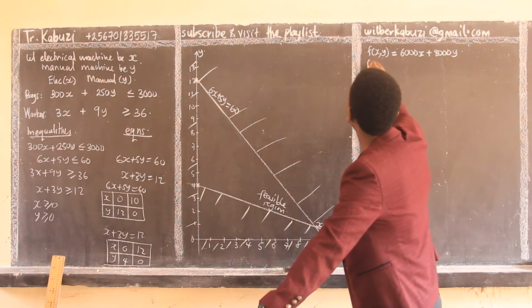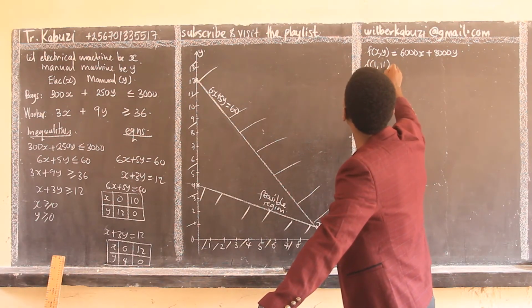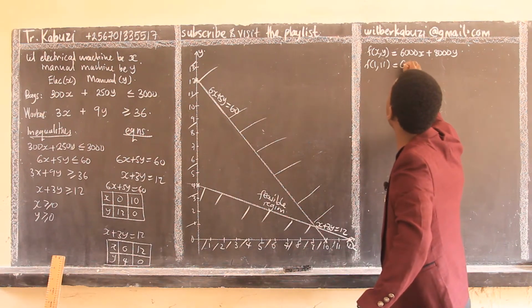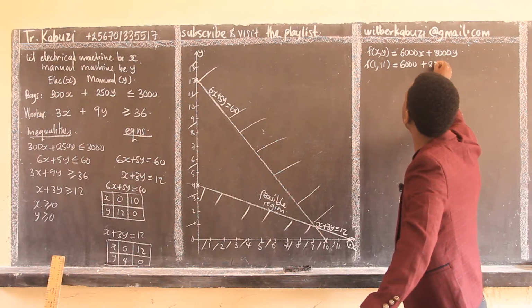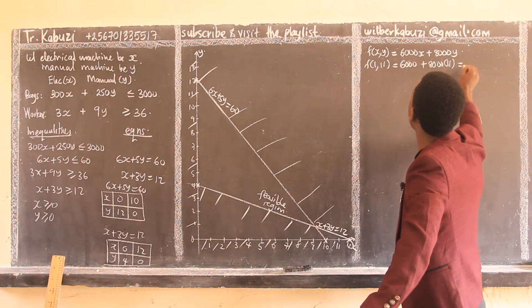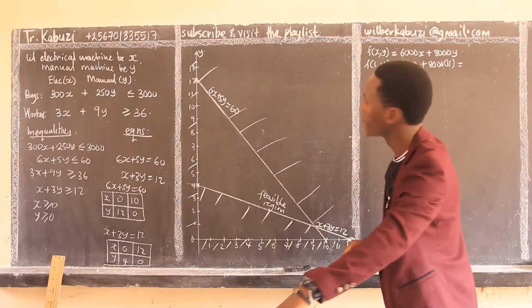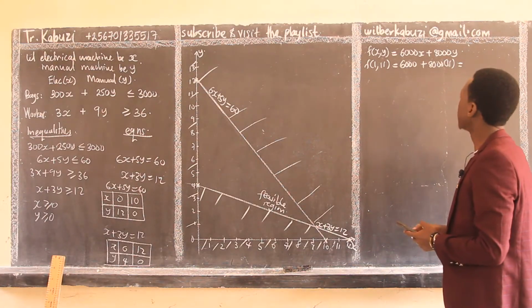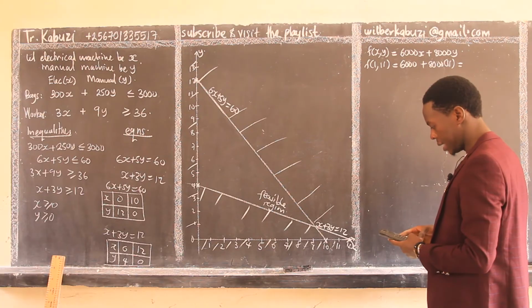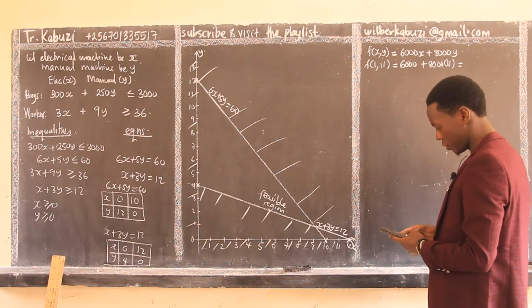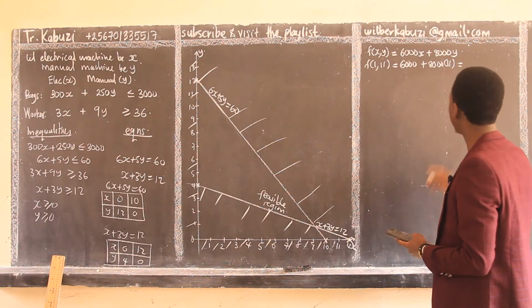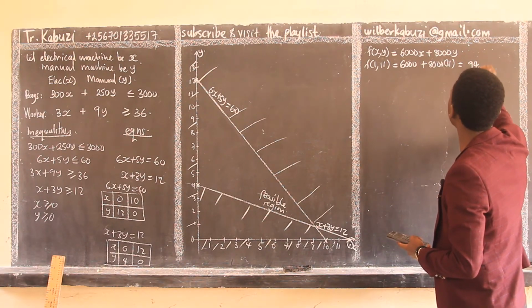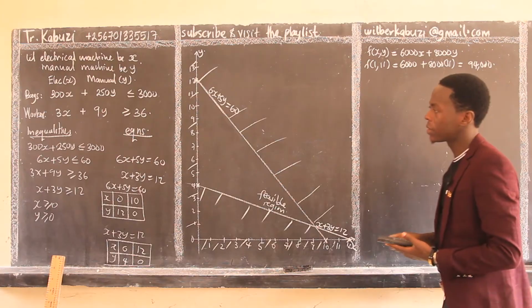If I get 11, 1, I'll have 6,000 plus 8,000 into 11. That will give me 940. That will be the cost.